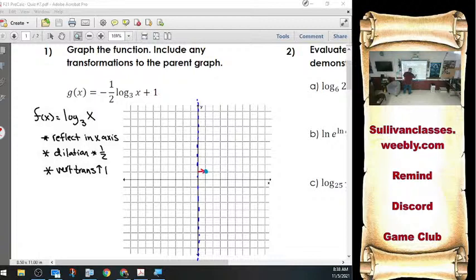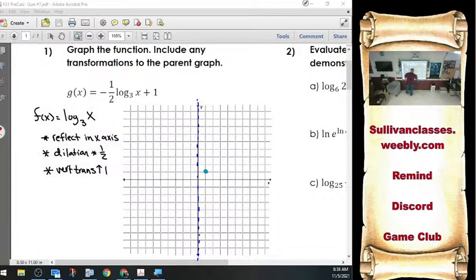So this may be 3 to the 0, but when I say 3 to the first, I have to go half as far vertically. It doesn't change your horizontal spacing. It changes your vertical spacing. It's a vertical compression.